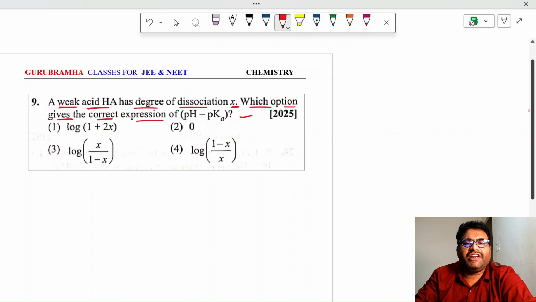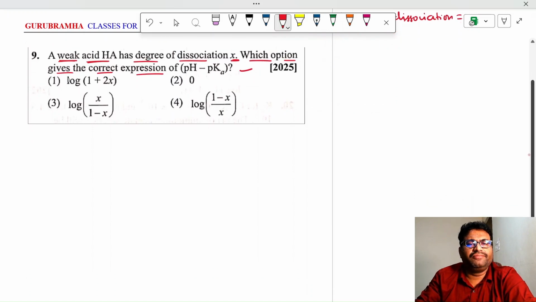Already it is given that the degree of dissociation of the acid is equal to X.